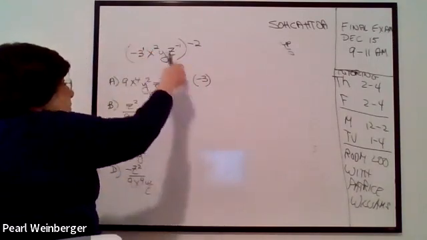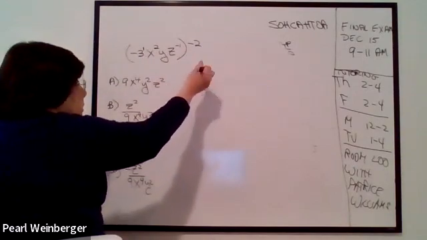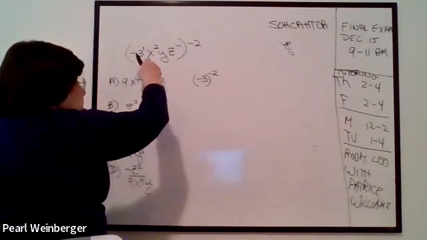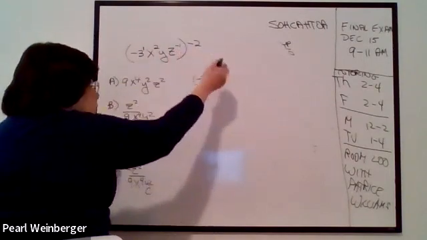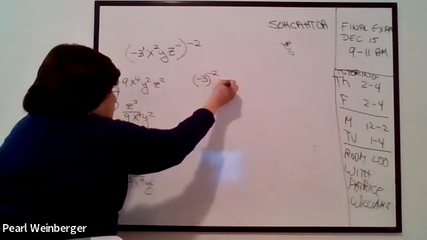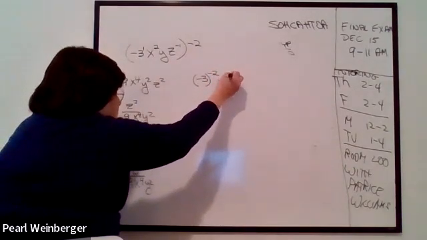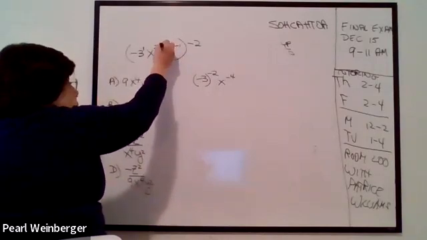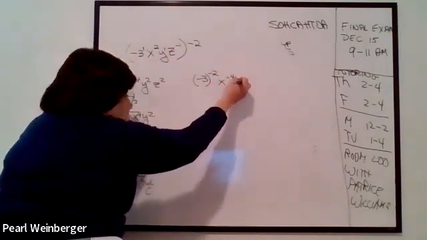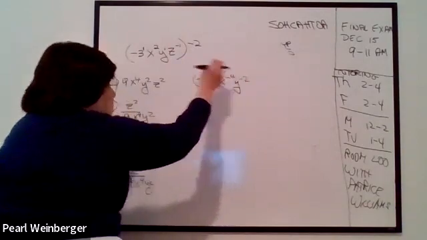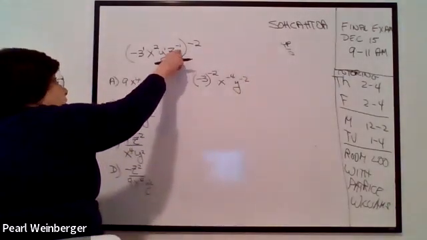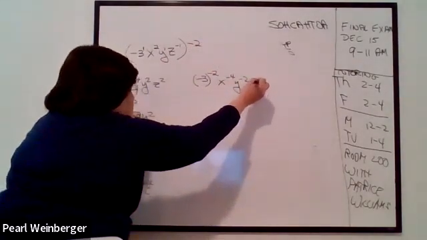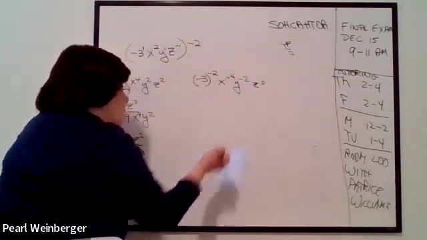That means that the -3 is to the -2 power. Then we do the x squared to the -2 power, which will give us x to the -4. Then we'll do y, which is really y to the 1 to the -2 power, which is y to the -2. And finally, z to the -1 power to -2 becomes z to the +2.